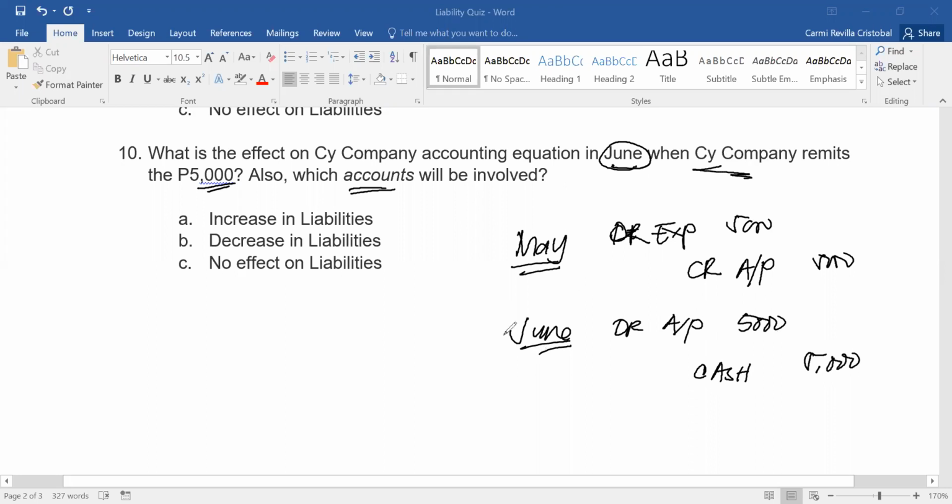So, what is the effect ng June? Yan, nakikita natin ito yung liability. Nagkaroon ng debit transaction. So, meaning, the answer will be, nagkaroon siya ng decrease in liability. Kasi, kapag nasa credit side siya, it's an increase. Pag sa debit side siya, it's a decrease. Okay? All right. So that's it for today.